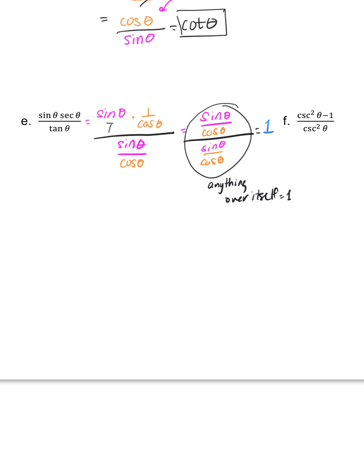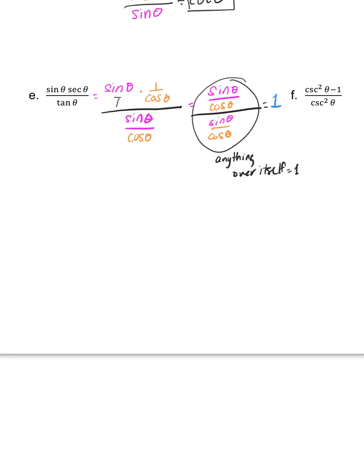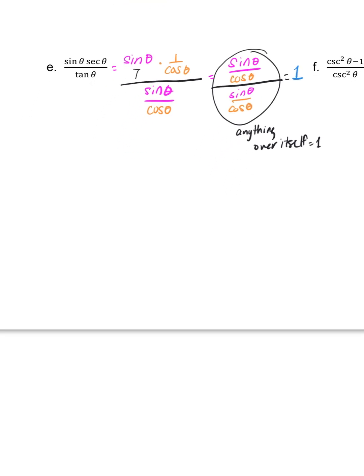Okay, now let's say you don't see that. So we're just going to take the top fraction and then multiply it by the reciprocal of the denominator. So down here is the second way we're going to do it. That's your first way. So we're going to start over here. Instead of just looking at it, we're going to take that first fraction, the numerator, times the reciprocal of the denominator, excuse me.